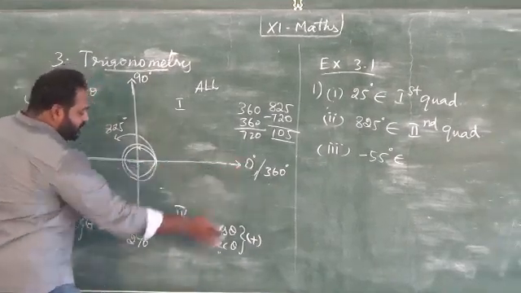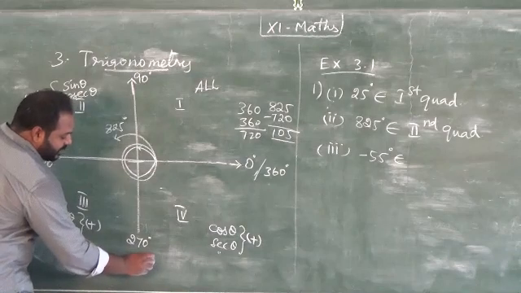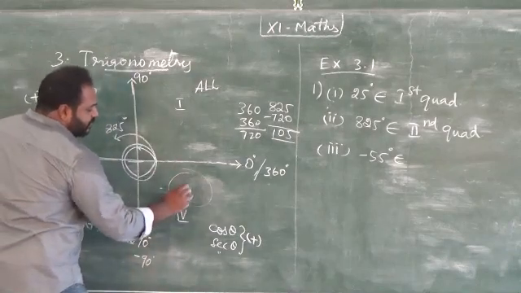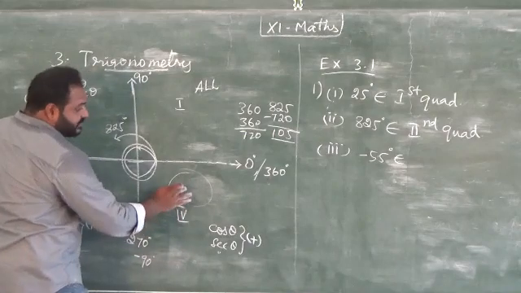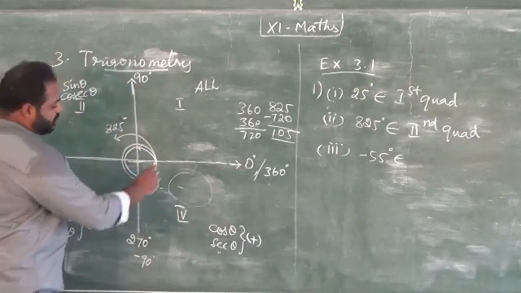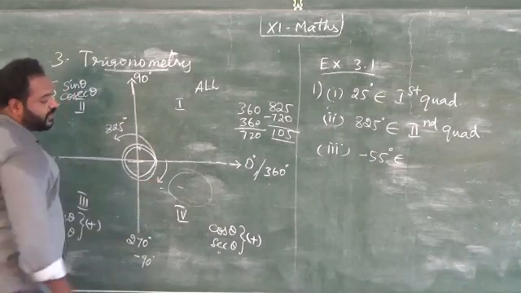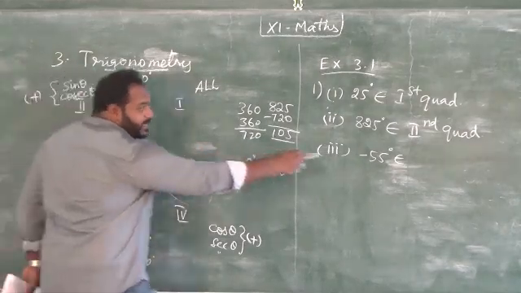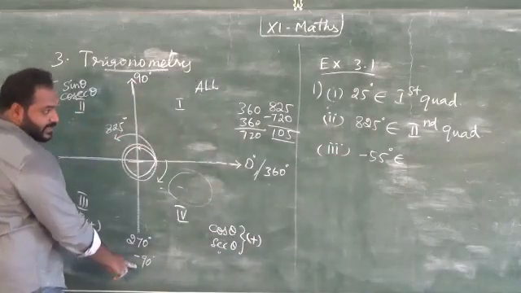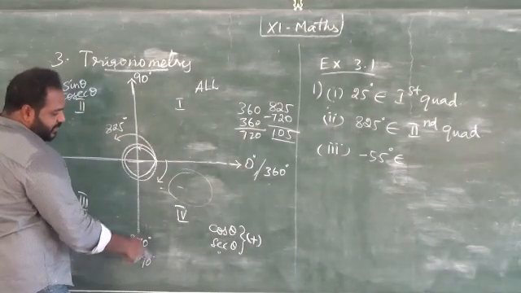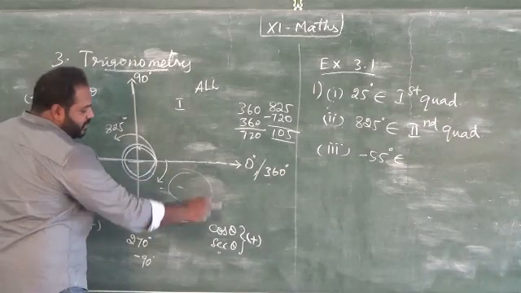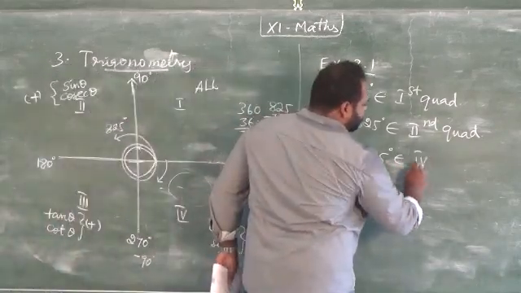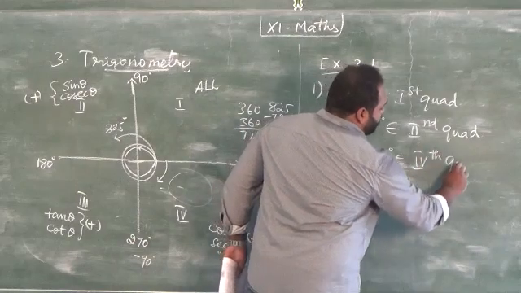Clockwise from 0, so negative here, minus 90 will be here. Minus 55 is somewhere in this fourth quadrant, between 0 and minus 90 degrees. So minus 55 will be in the fourth quadrant.